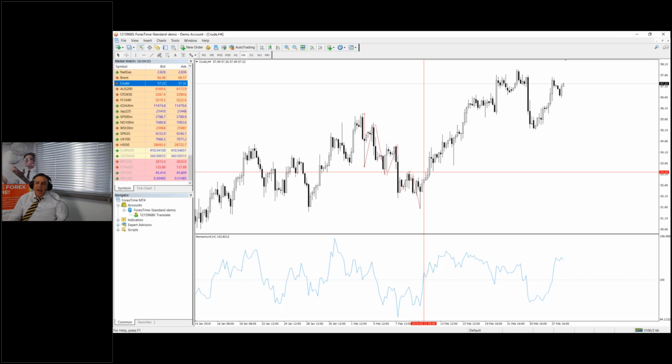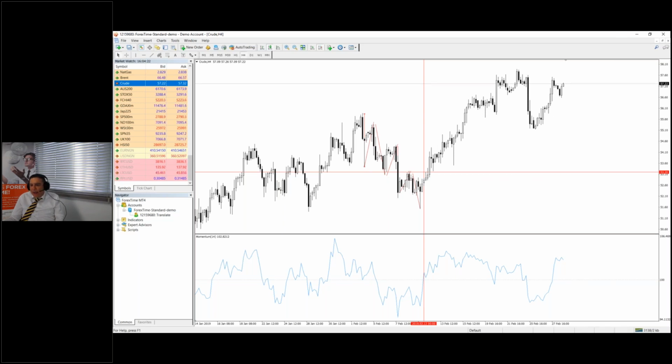So we use indicators and oscillators as confirmation tools. To be more precise, actually it's not confirmation, but it's filtering. The purpose that they serve is to filter the reversal or the trend.